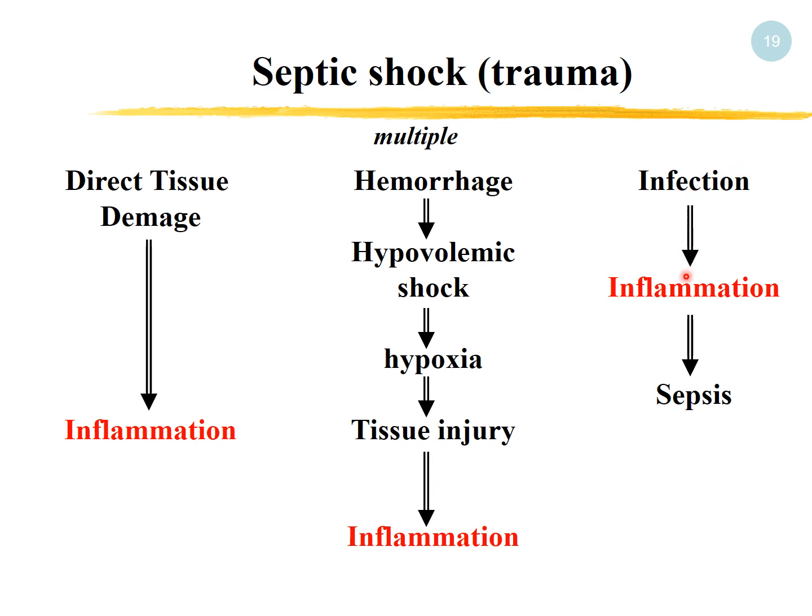Infection, the bacteria, is going to cause inflammation and sepsis. And this all happens in trauma. This is why septic shock develops mostly in trauma, and that's a very, very dangerous situation.